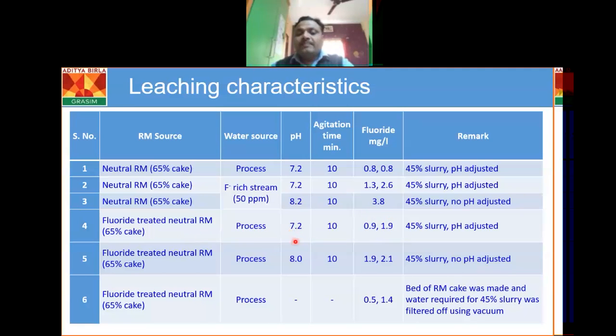Although when we increased the pH, there was a little higher value, and when we had this neutral red mud in cake form and passed the water over that, even passing it 10 times, there was very less leaching of fluoride out of this red mud. So neutralized red mud may be a good source for removal of fluoride in areas where fluoride has been an issue.